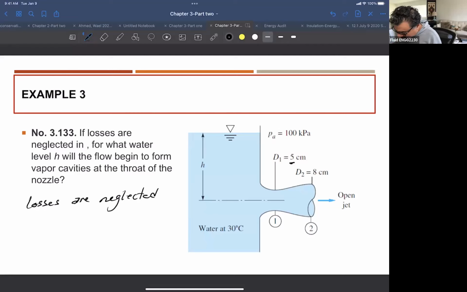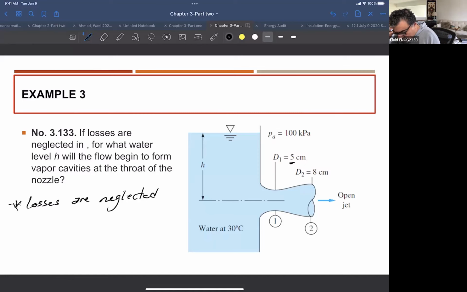Okay, so losses can be neglected in this problem. And he's asking for what water level. You see, now the problem is getting slightly more involved, you have to think about other aspects of fluid mechanics. It's not just what we studied so far.